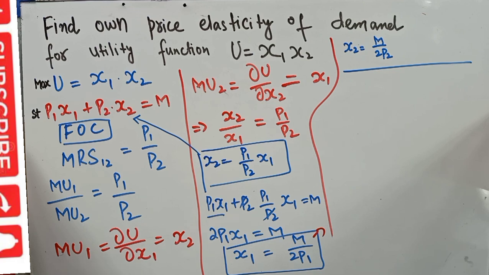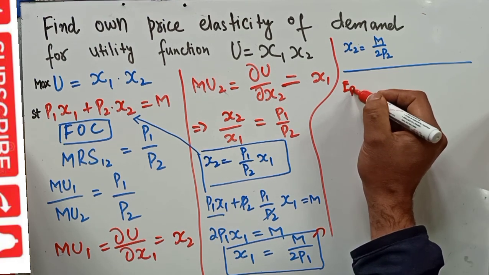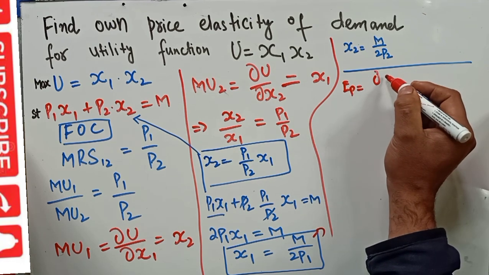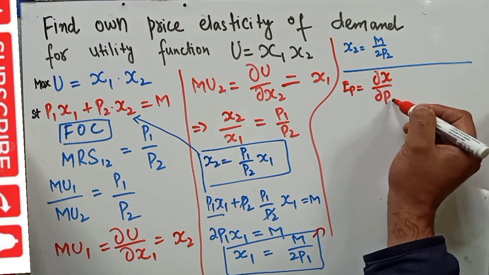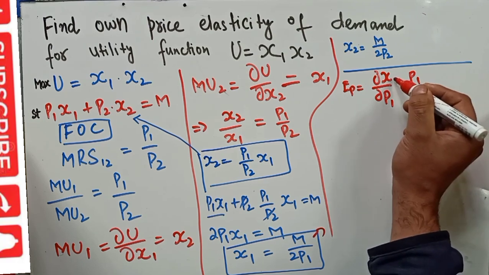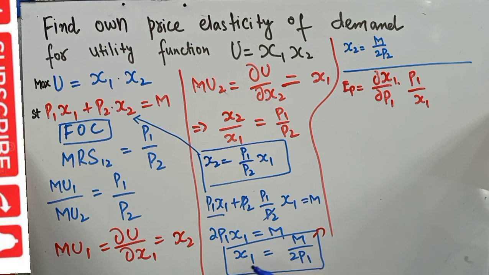So what is elasticity of demand? The formula is simple. Price elasticity of demand is the derivative of the demand function with respect to price, times p1 upon x1. First we need to find dx1 upon dp1. We differentiate this function with respect to price.